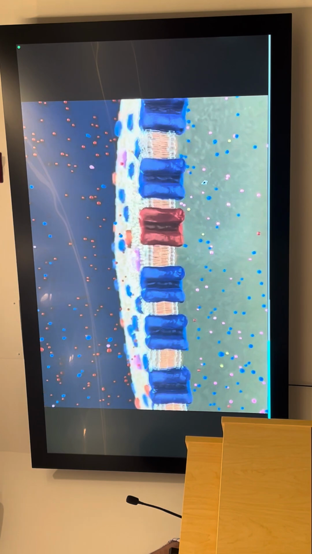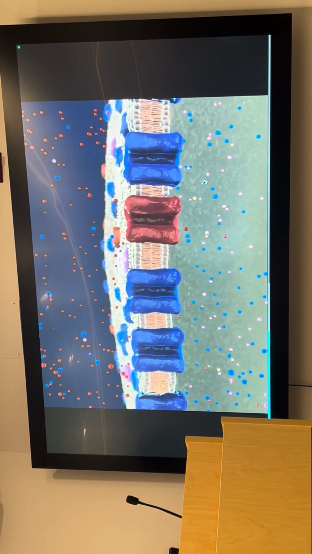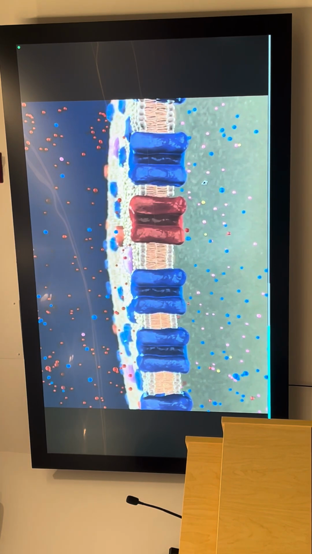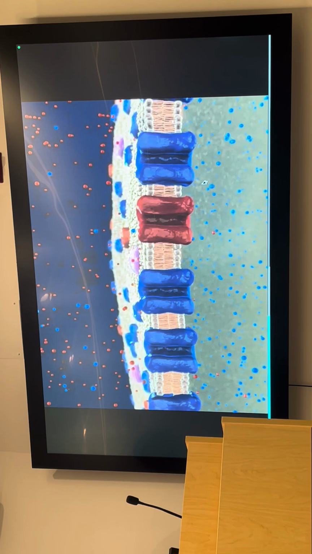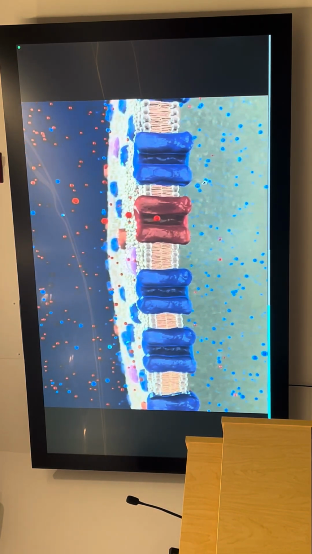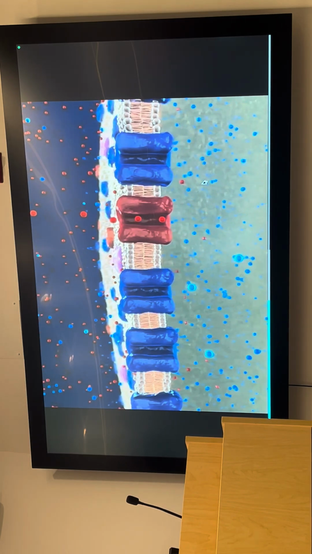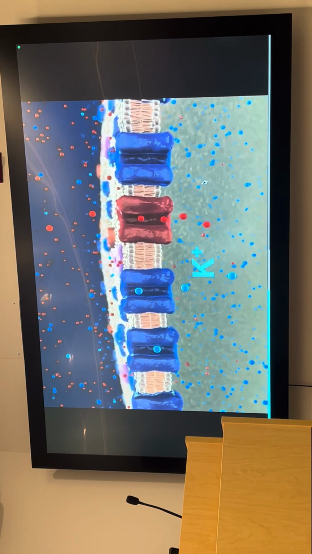The resting membrane potential depends on two factors. First, it depends on the presence of sodium and potassium gradients across the plasma membrane. Specifically, there are more sodium ions outside the neuron than inside, and more potassium ions inside the neuron than outside.